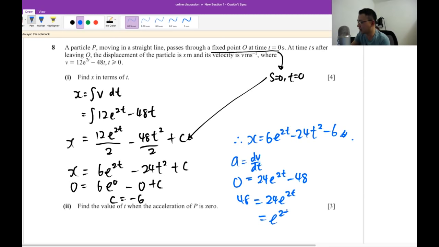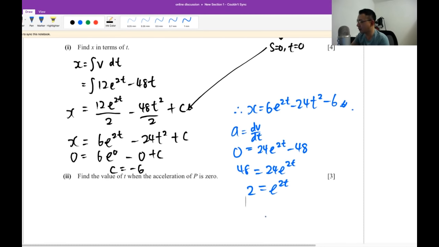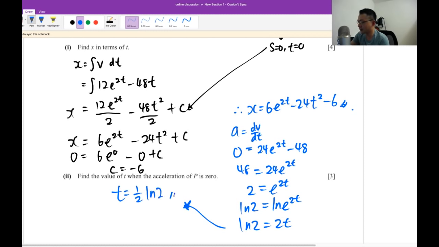So e^2t equals 2, 48 divided by 24. And then I take ln on both sides. So 2t equals ln 2. Therefore, t equals, moving the 2 to the other side, half ln 2. Like this. Or if you want to simplify, you can say it's ln square root 2. Yeah, you can leave your answer like this.